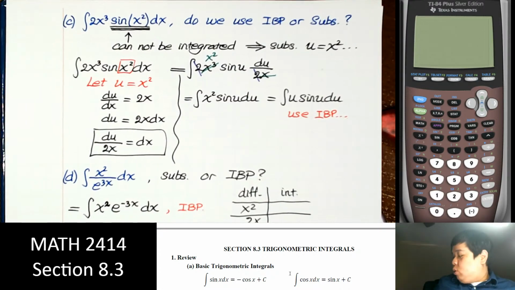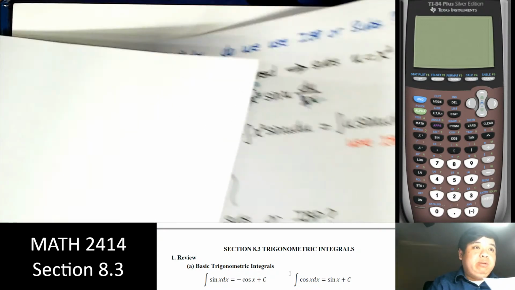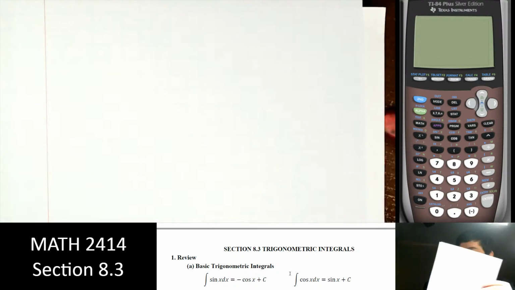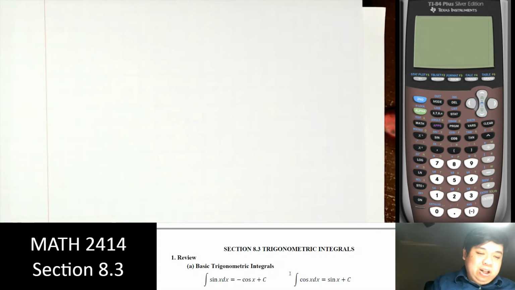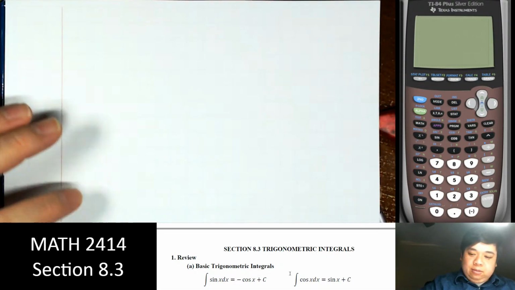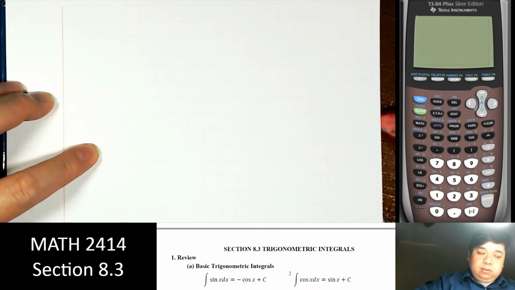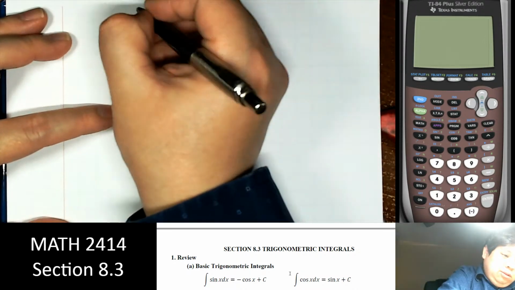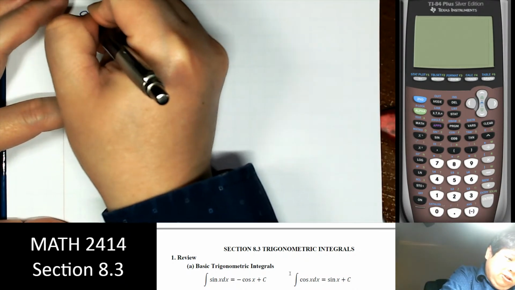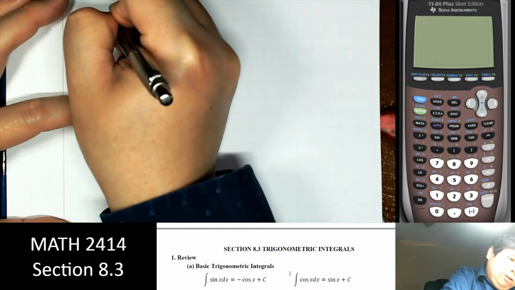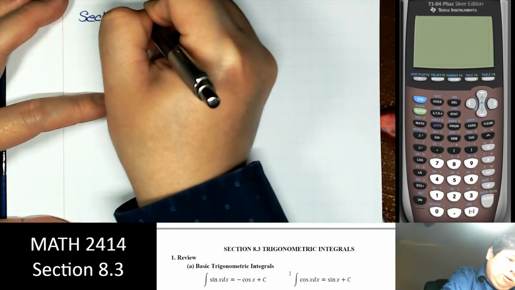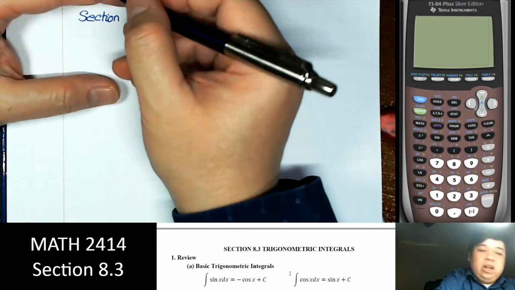Also, before section 8.3, write out all the information, all the formulas that we need for this section, kind of like the integration by parts. Trigonometric integral.